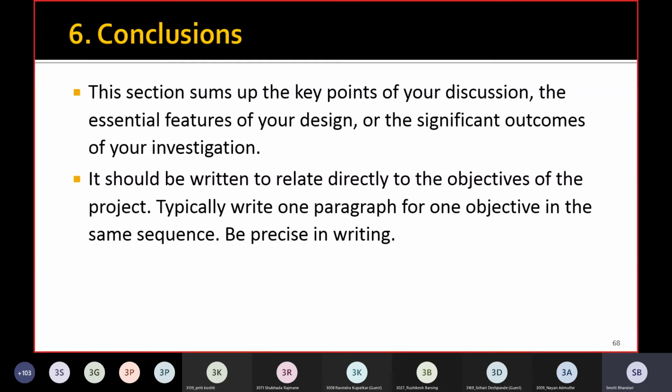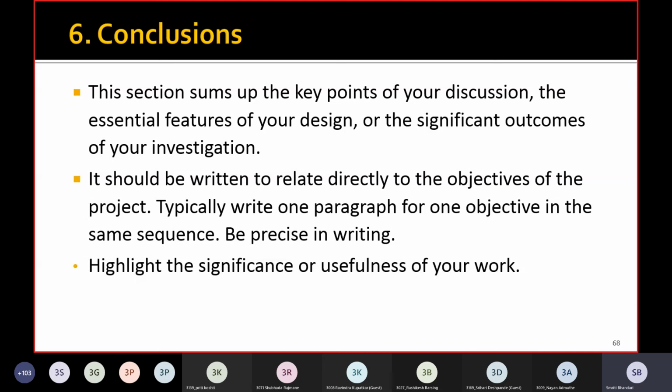It should be written to relate directly to the objectives of the project. As I mentioned, typically write one paragraph for one objective in the same sequence and be precise in writing. You are not supposed to write lots of things about how you achieved that objective. Only summarize whatever you have done to achieve that objective.